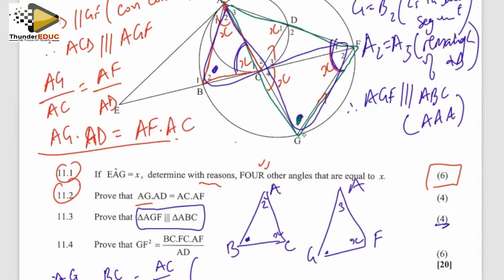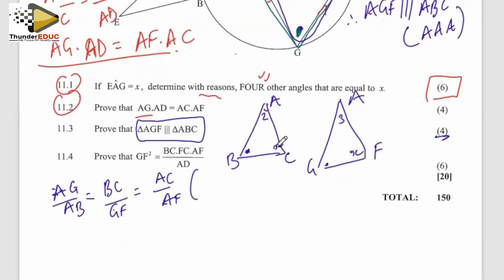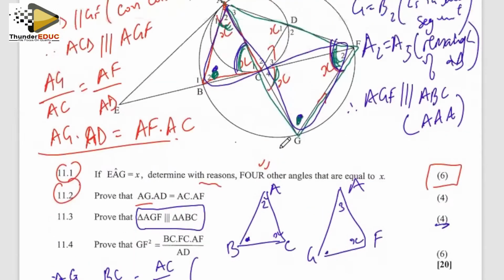Because this and that, okay? And then this angle here, and this angle here as well. Then this one and that one, vertically opposite. So they are similar.